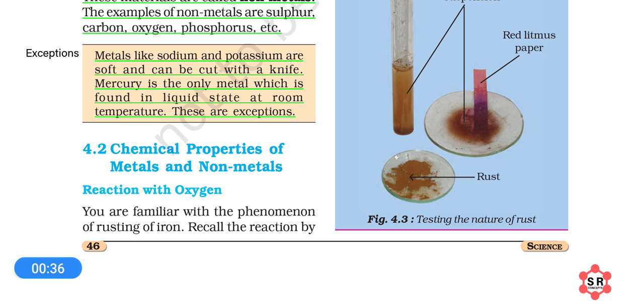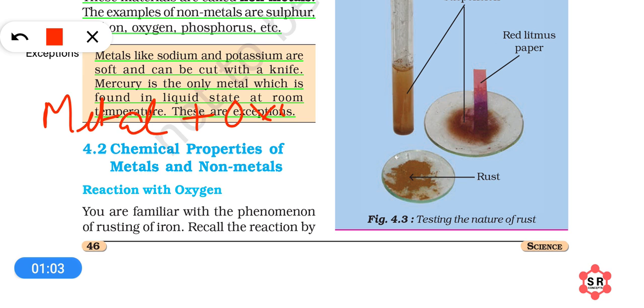So let us start. First of all, we'll discuss the reaction of metals and non-metals with oxygen. Dear students, if we talk about the reaction of a metal with oxygen, we'll see that a metal reacts with oxygen to produce metal oxide.